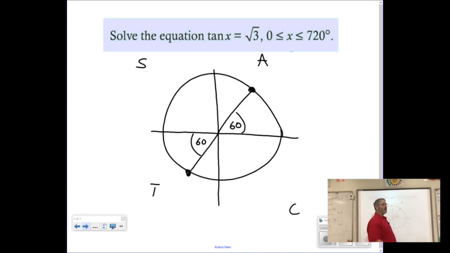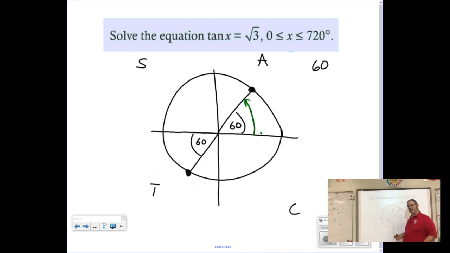So they want to know what are the angles that will give it to me. Well, obviously the first one would be 60, from here in the positive direction, let me put that in green. That's the first one, which is 60. And now here, they only want from 0 to 720 degrees.